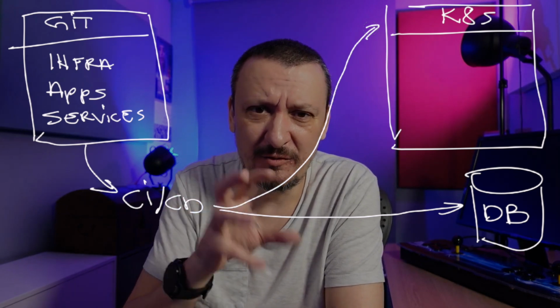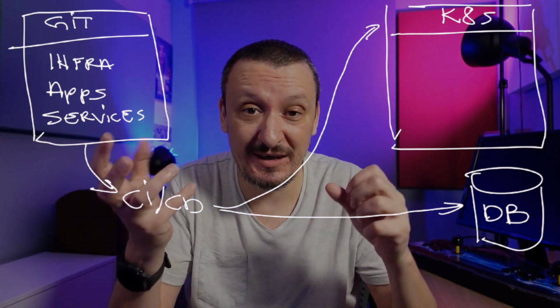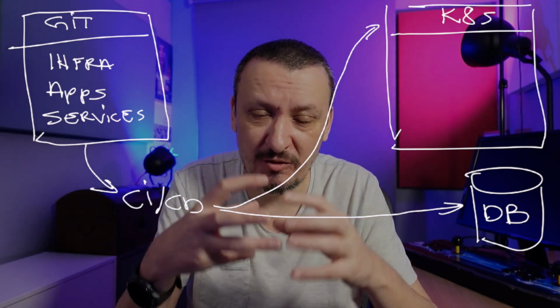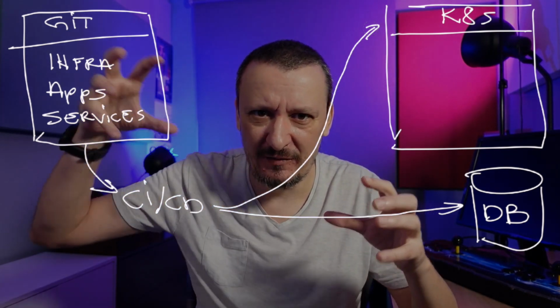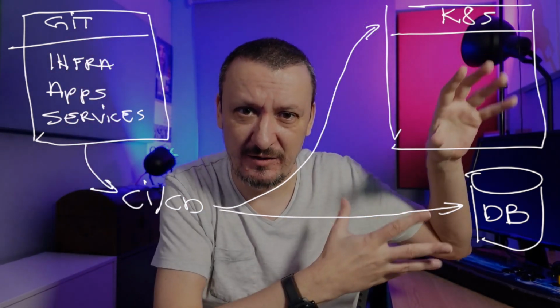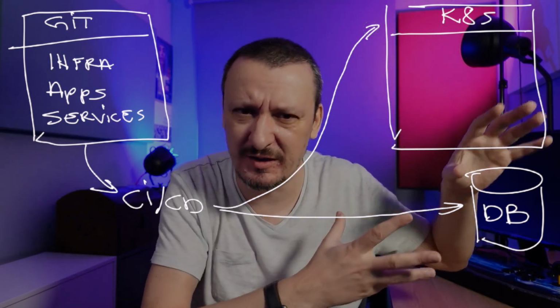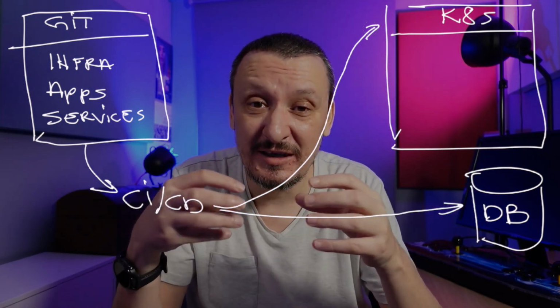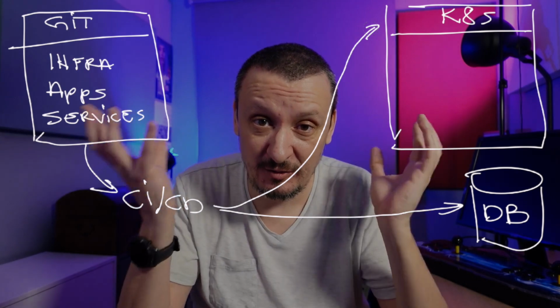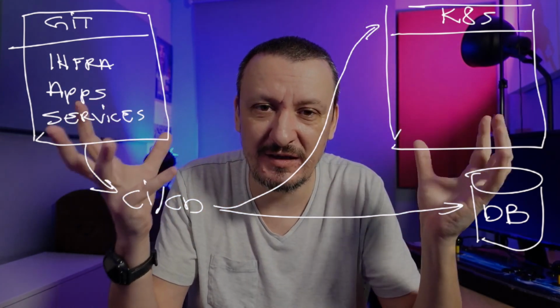CI/CD pipeline will react whenever we change something in a Git repository, but it cannot continuously monitor the differences between the desired state, which is Git, and the actual state, which is our applications running somewhere, or infrastructure, or services, and it cannot ensure that those two states, the desired state and the actual state, are always in sync.